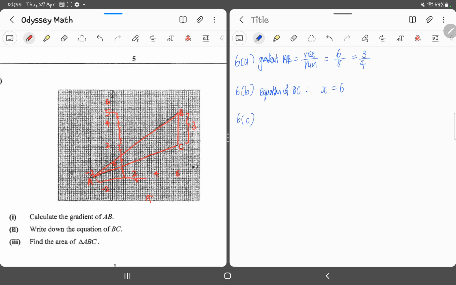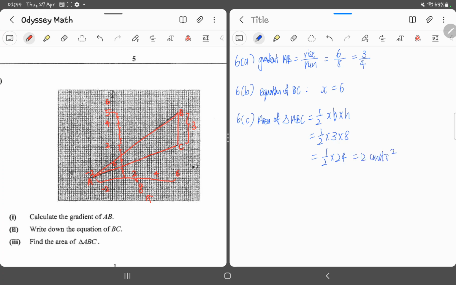And then the height over here, which we have found earlier, is 8 units. So the area of triangle ABC is equal to half times base times height, which is half times 3 times 8. So this is half times 24, which is equal to 12 units squared.